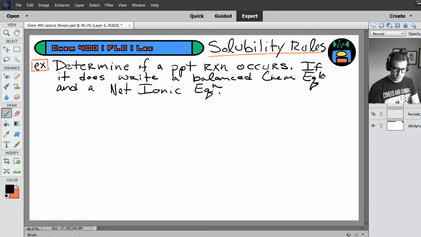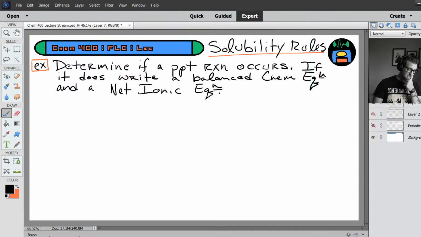So for each of these examples, we are going to determine if a precipitation reaction occurs. Then, if one does, we're going to balance the chemical equation and write a net ionic equation.